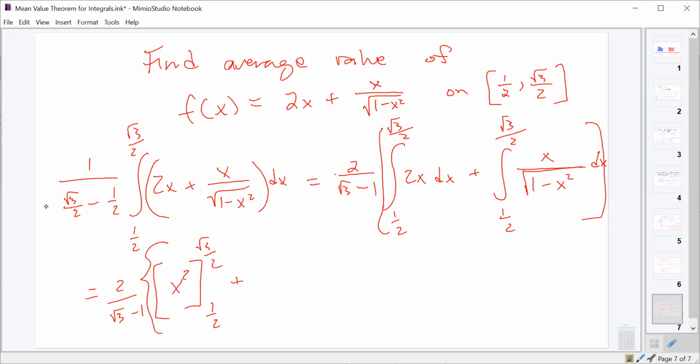And then plus, how are we going to integrate the second one? Can you pull out an x? Okay, we can't pull the x out, unfortunately. But what we can do is rewrite this in terms of u, and let u equal 1 minus x squared, which gives us du equals what?